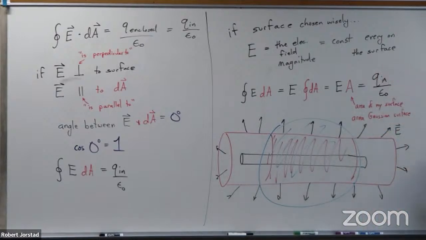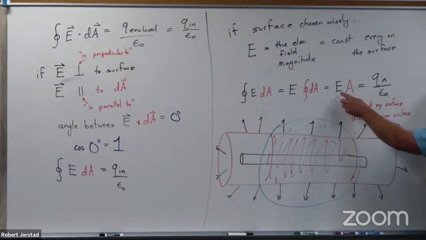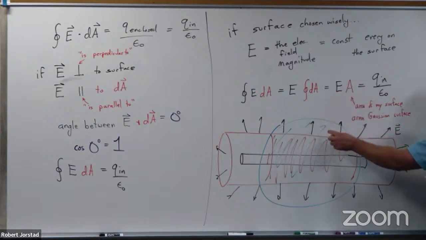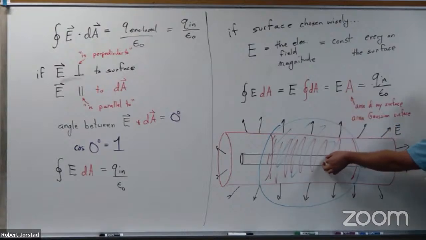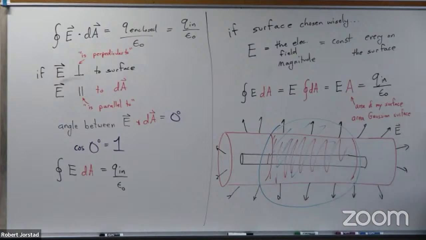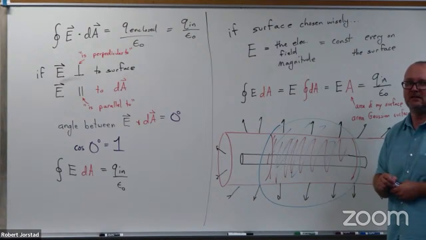So if you draw the surface and you know the size of your surface, then you could predict the electric field at that surface. Notice the electric field will depend on the charge enclosed and the area of your surface, which is basically telling you something about the radius of your surface. And that is how we hope to use Gauss's law.